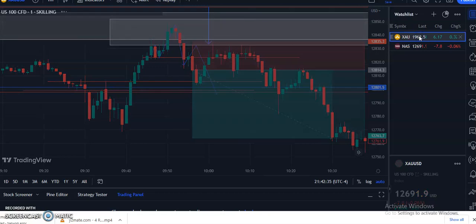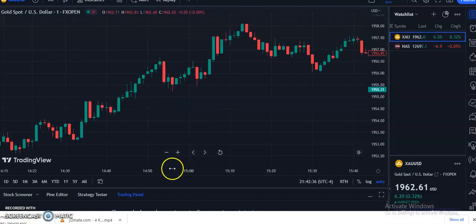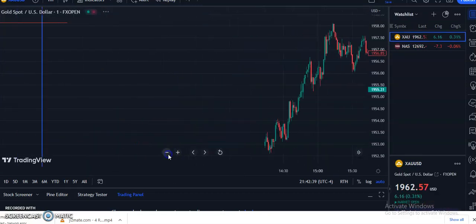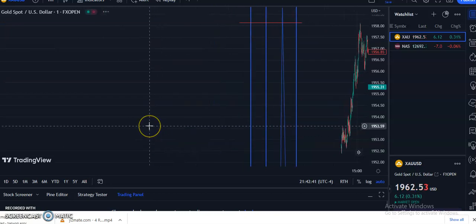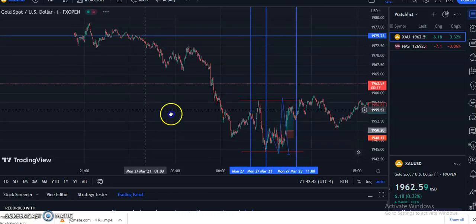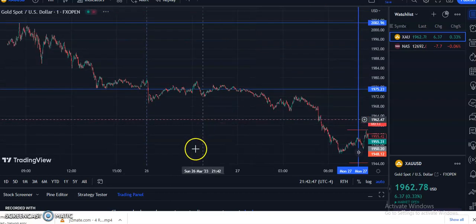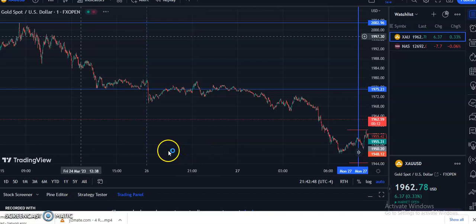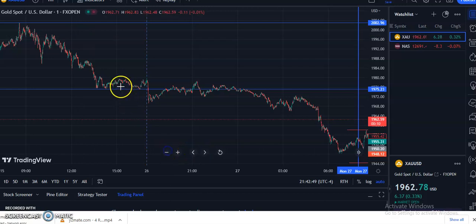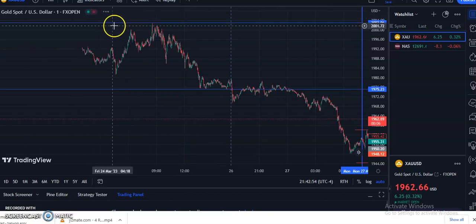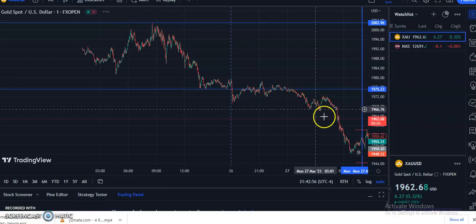Now let's look at gold. So yesterday, when you look at the setup, this was the previous day's low and high. The market kept falling the whole day.